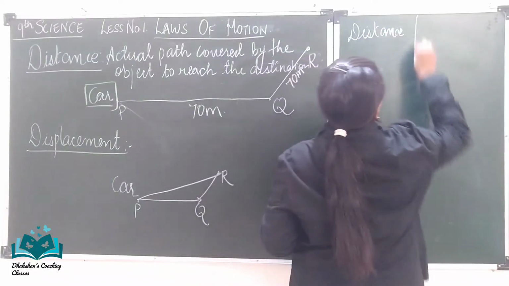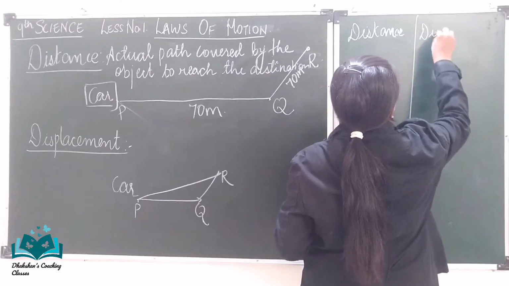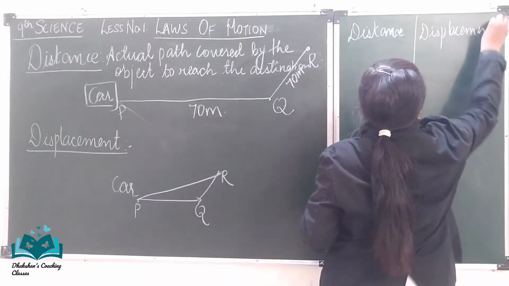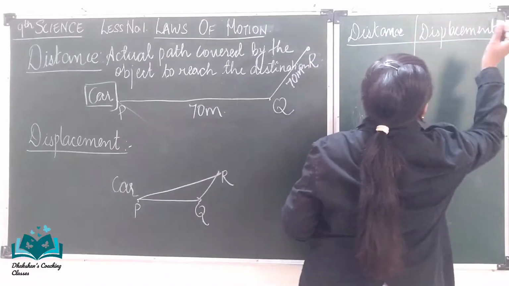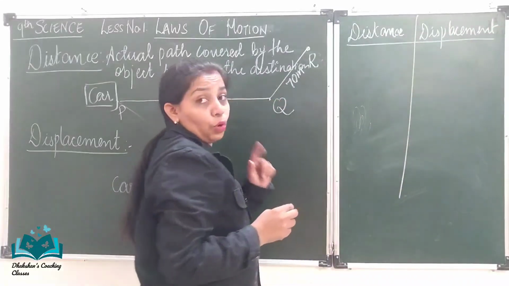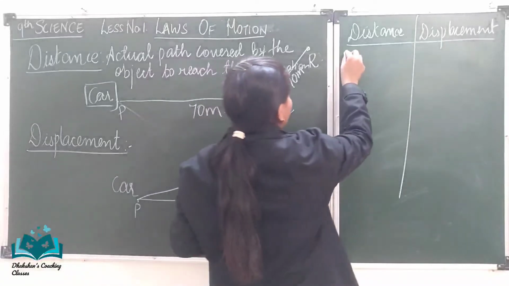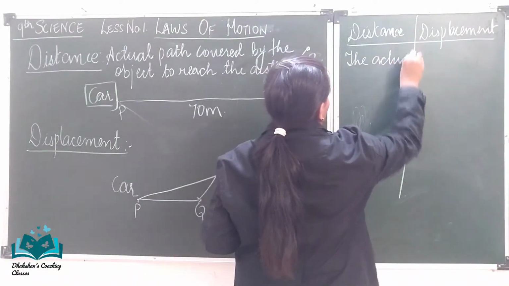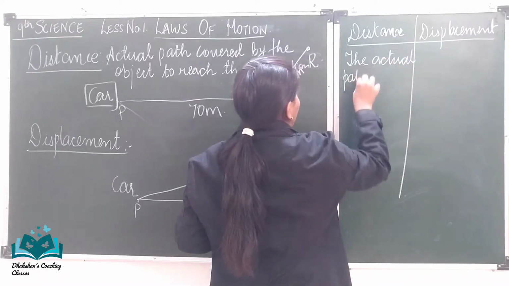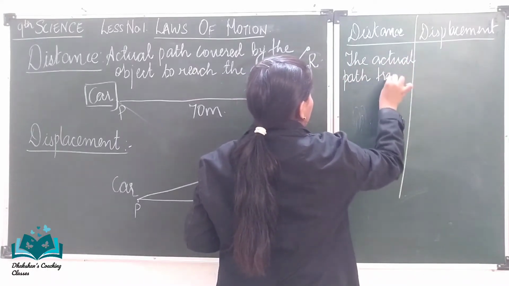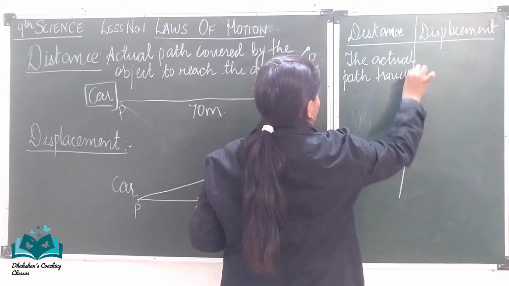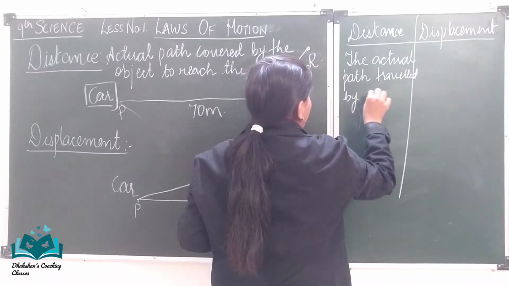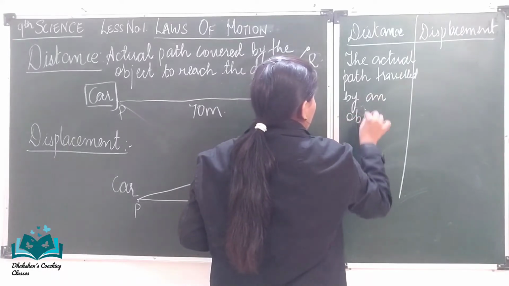Distance and displacement. Now your distance can be defined as the actual path travelled by an object.